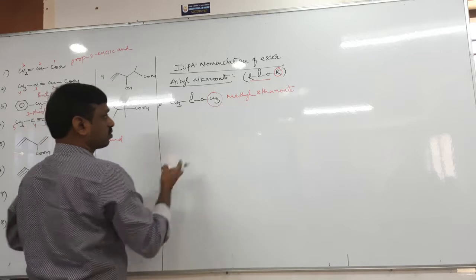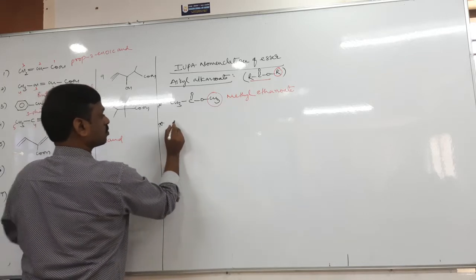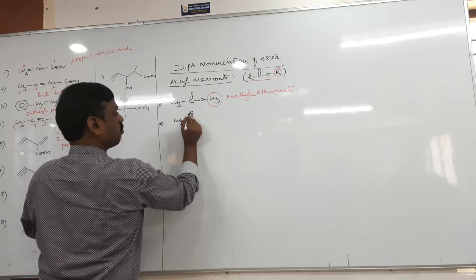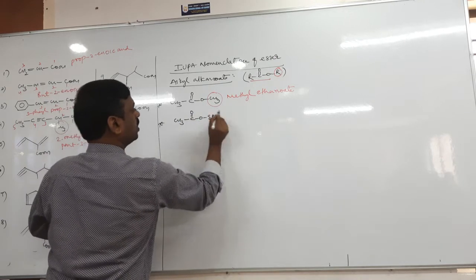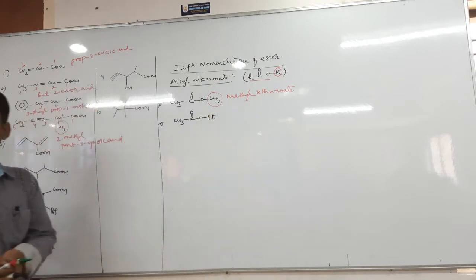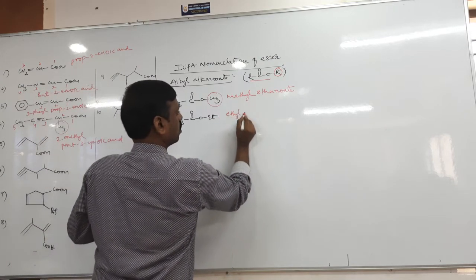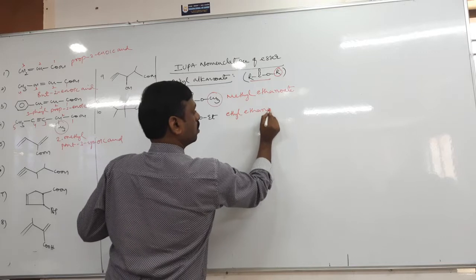Next, CH3 COO ET. ET means ethyl. Tell me, this is ethyl ethanoate.